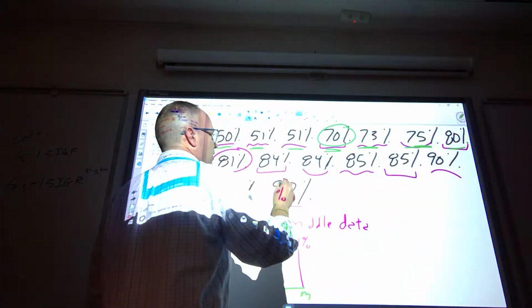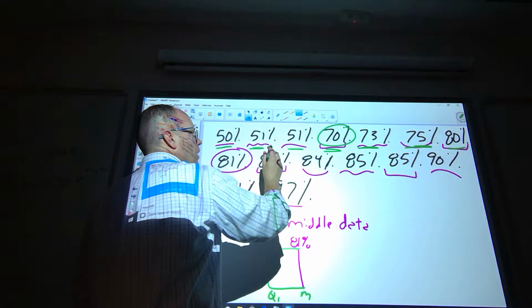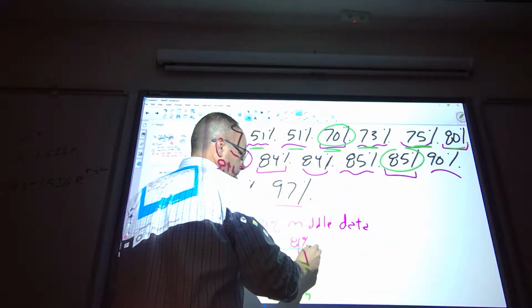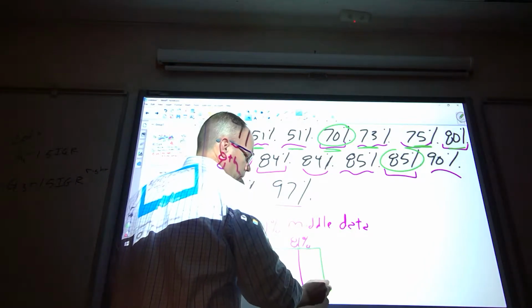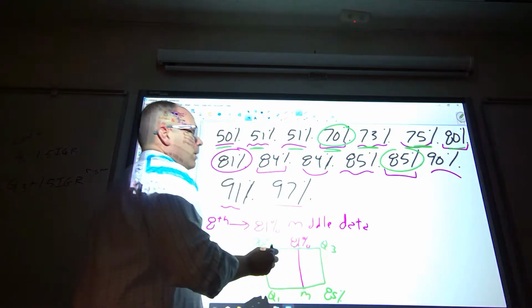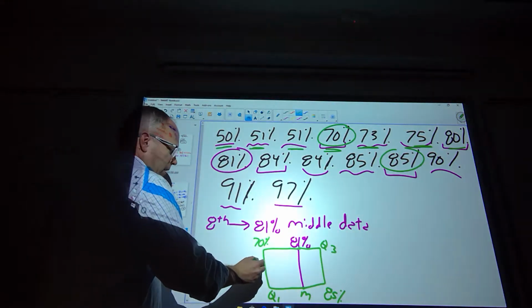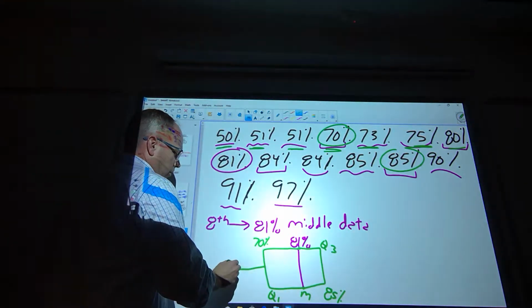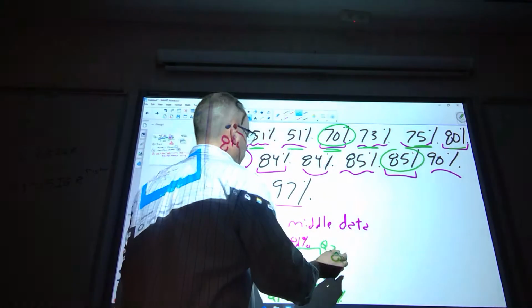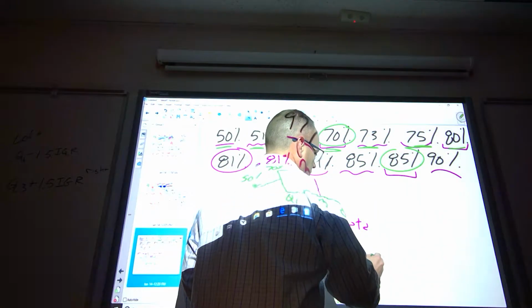So it's going to be the 4th number, right? 1, 2, 3, 4. So that's Q3. And then my bottom piece of information is the person who scored the 50%. And my top piece of information is the person who scored a 97%.